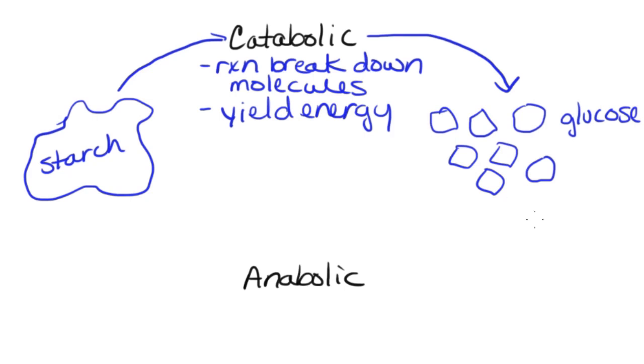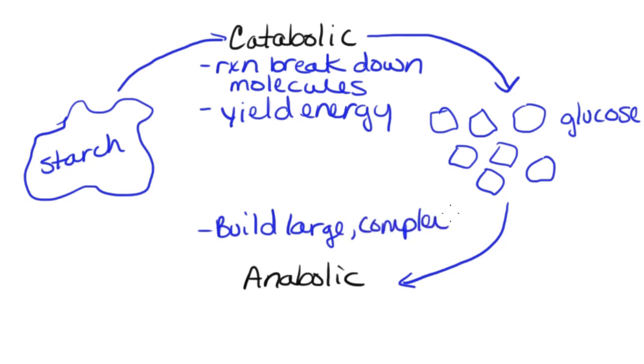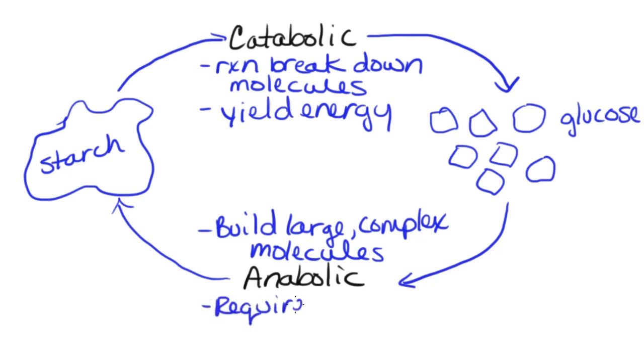The anabolic reactions on the other end of all of this, what these reactions do is anabolic reactions are going to build large complex molecules. Okay, so this is just the opposite of what we had on the top. So now we're just really completing this whole process. The anabolic ones are going to build them, and when they do that, these are going to require some energy.